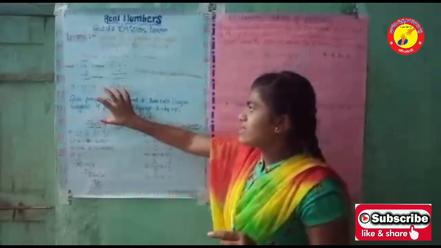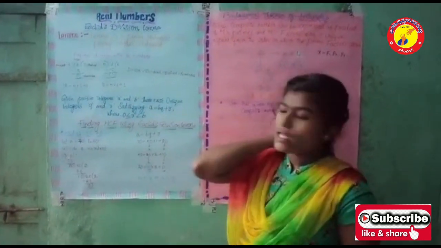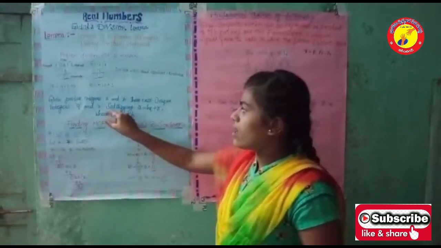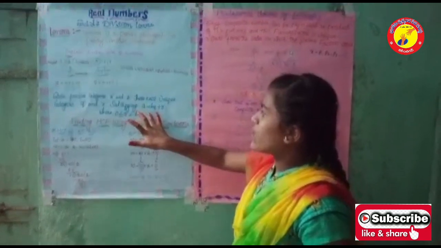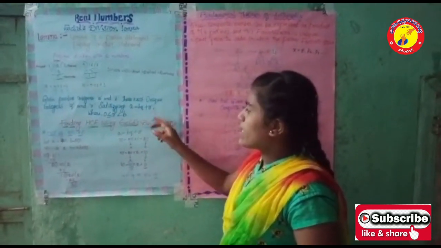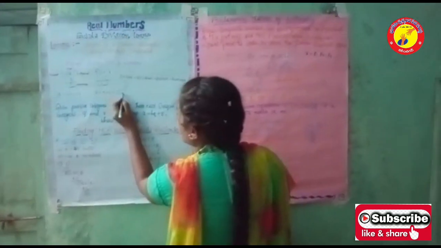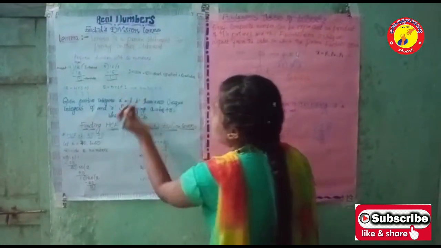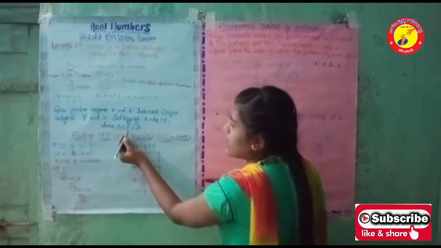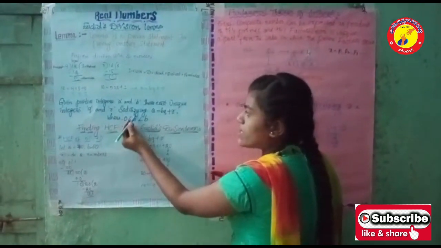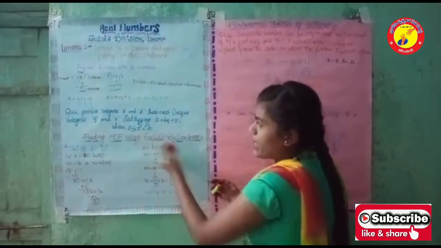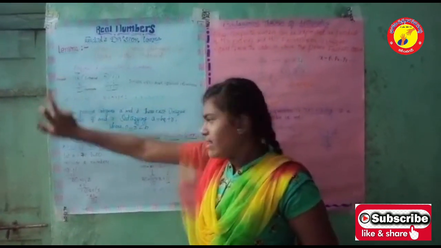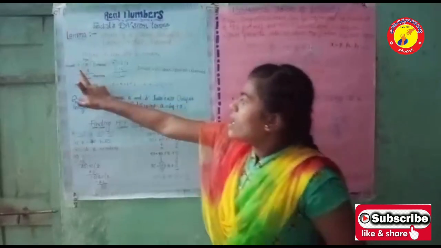Not only these numbers, when we divide any two positive integers A and B, Q and R satisfy the equation A is equal to BQ plus R, where R is greater than or equal to 0 and less than B. Here the remainder is always less than the divisor B.